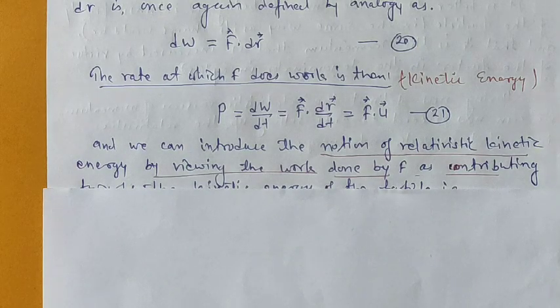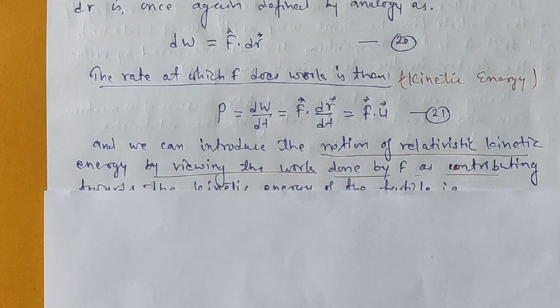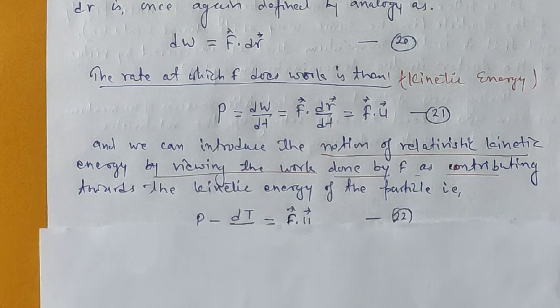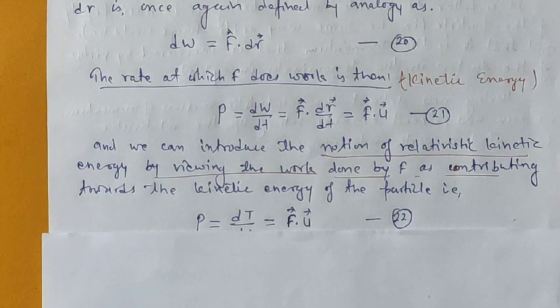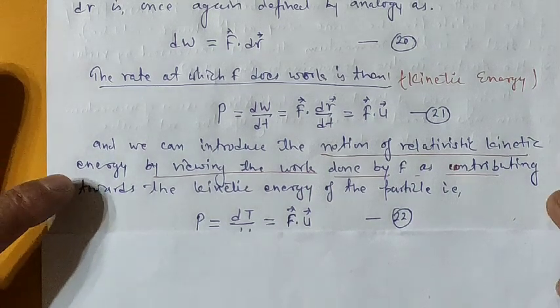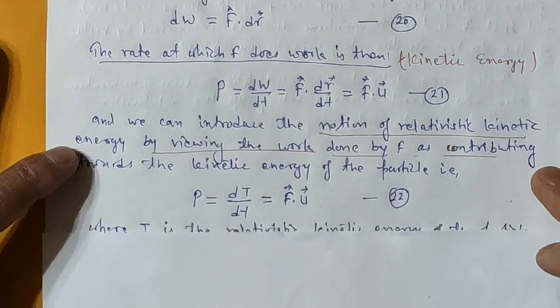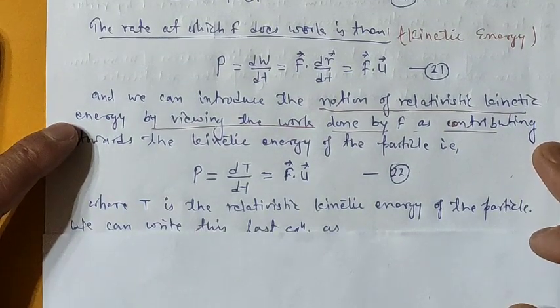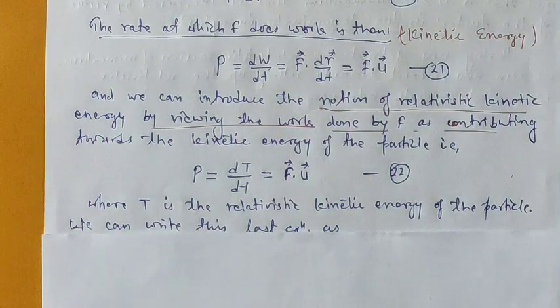We can introduce the notion of relativistic kinetic energy by viewing the work done by force F as contributing towards the kinetic energy of a particle. So this P is the rate of change of kinetic energy: dT by dt is equal to F dot u, where T is the relativistic kinetic energy of a particle.